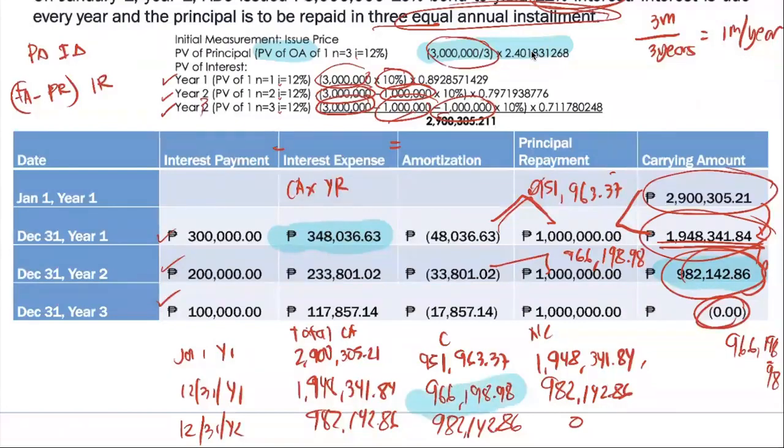Non-current portion December 31 year one? So you just need to prepare your amortization table. Once you prepare it correctly, it will be easier for you to answer questions relating to this. Of course, it starts with the proper usage of your present value factors. So if you have already forgotten your present value factors, please review them.